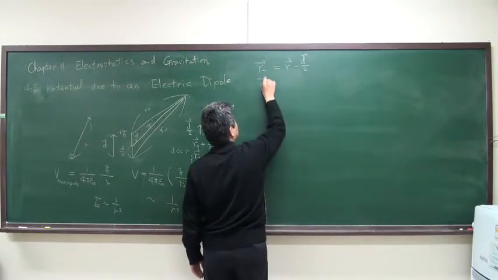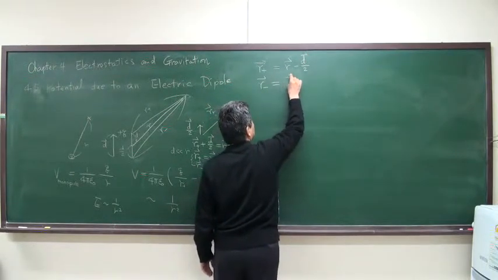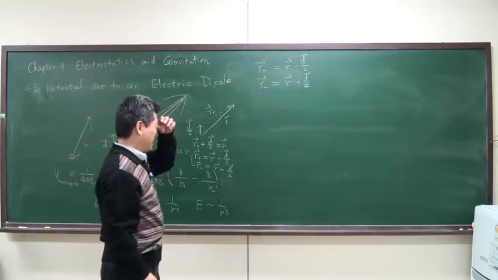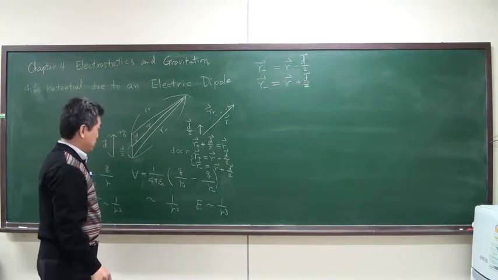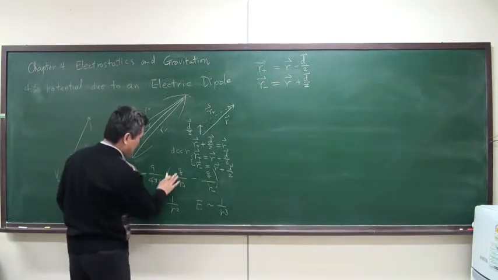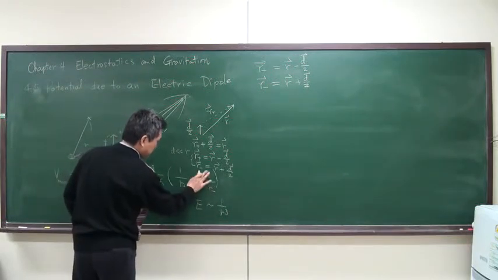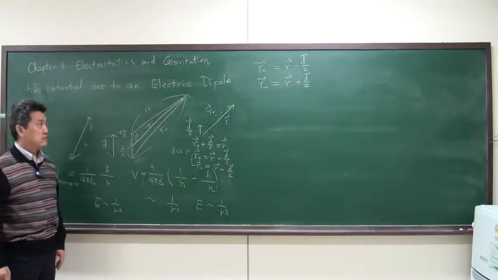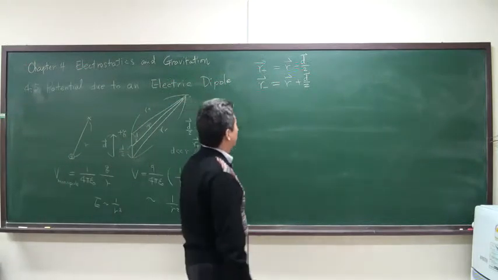R minus vector equals r plus half of d. What we are interested in is pulling out this charge q, the difference between one over r plus and one over r minus. So what is the magnitude?